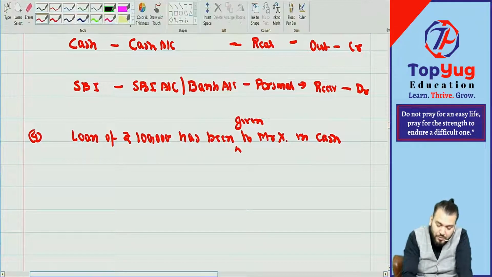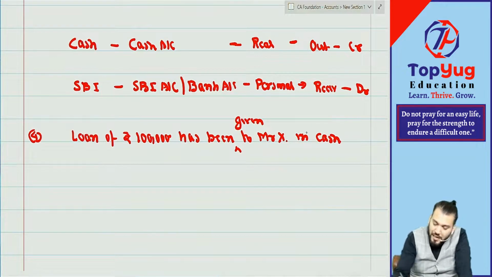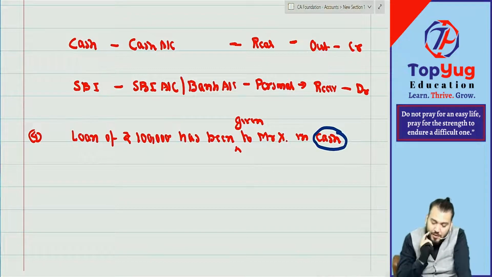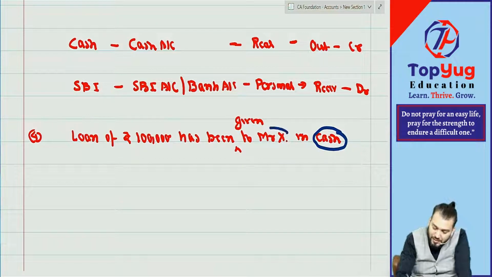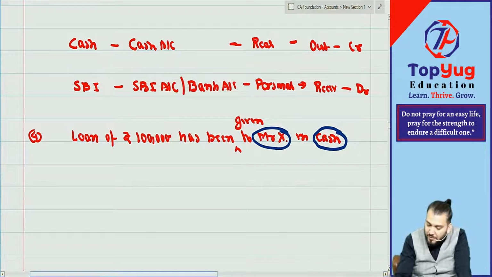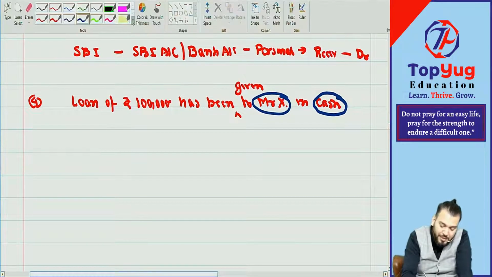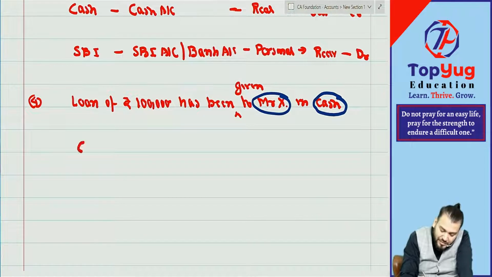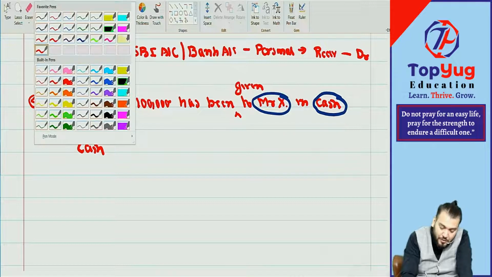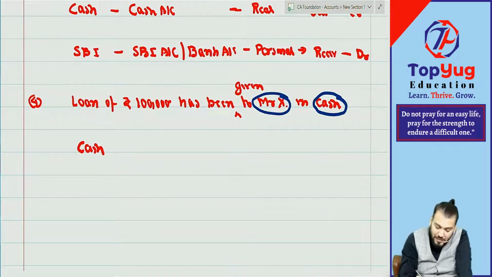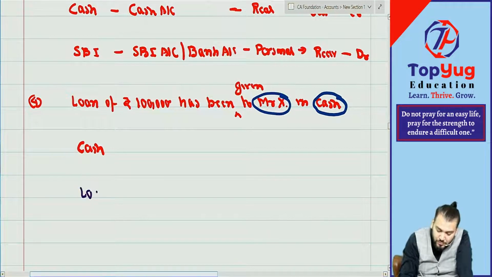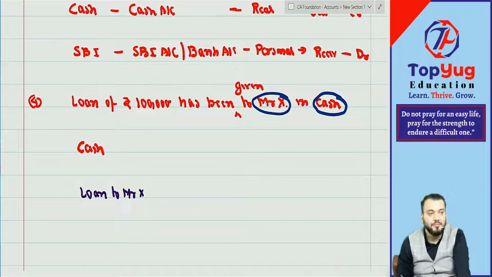What are the two aspects? Cash is one aspect. Second is what? Loan. But loan has been given to whom? Mr. X, na? Correct? So the two aspects are cash and loan to Mr. X. Correct. Understood.